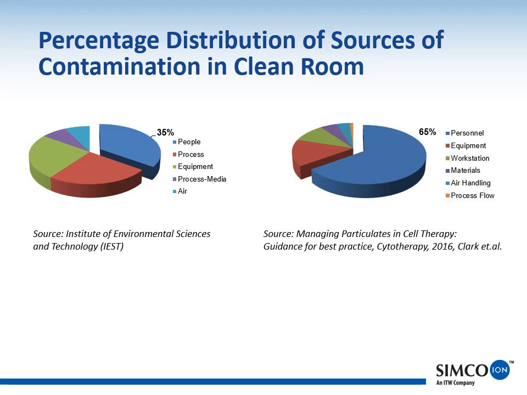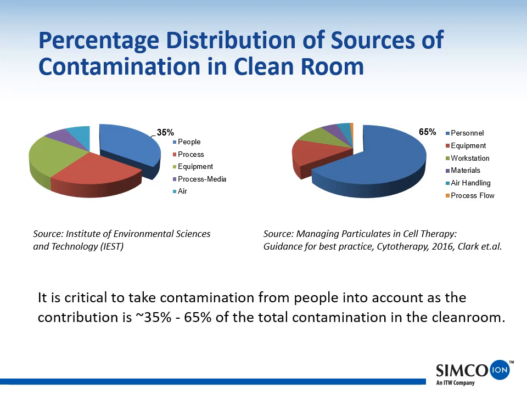The graph on the right was done in a pharmaceutical cleanroom and published in the year 2016. These studies show that in a typical cleanroom, somewhere between 35% and 65% of the airborne particulate have humans as their source. So if we can find a way to reduce the amount of particulate brought into the facility on people, we can have a significant impact on the overall contamination levels.